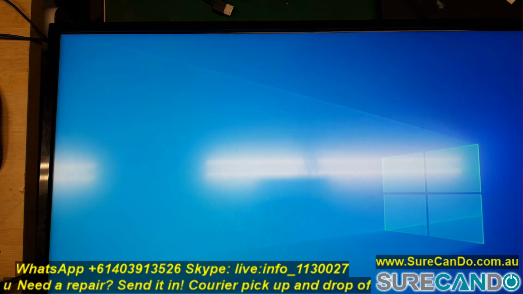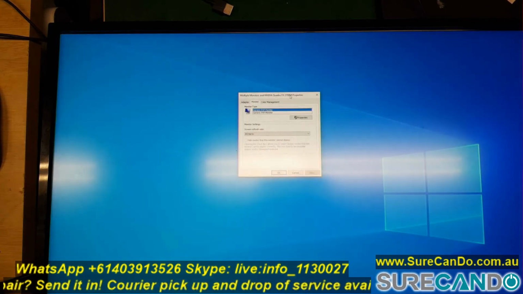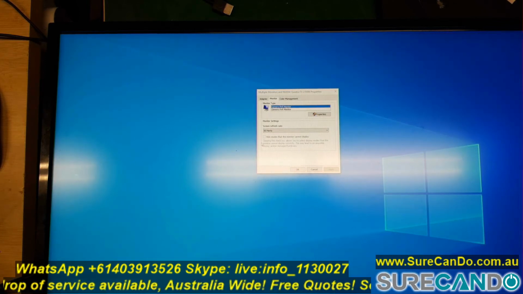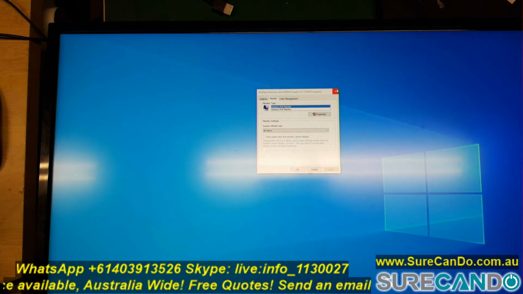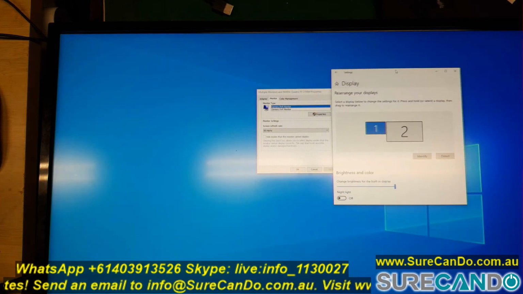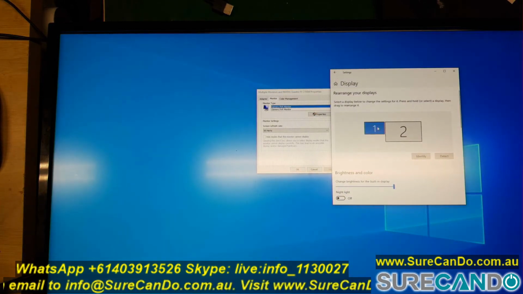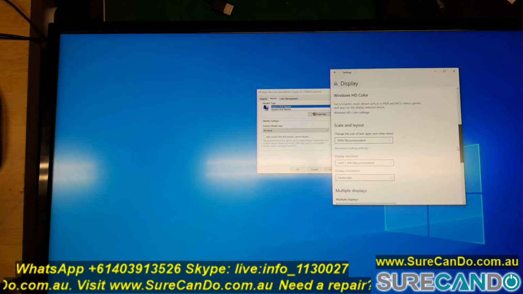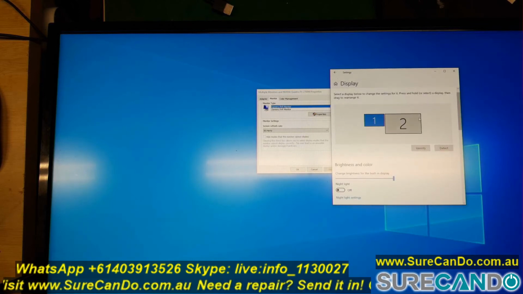Now we've got, oh yeah, you can't see the other screen, I'll bring that along. So we've got display 1, which is the laptop, which is a very low resolution. That is 1440 by 900. And this guy here, the 27-inch Acer, it's a beautiful 2560 by 1440.